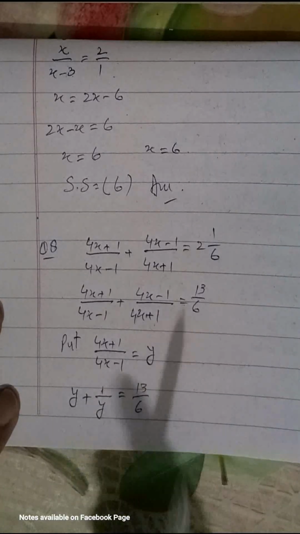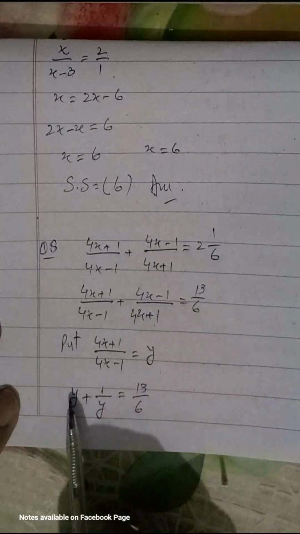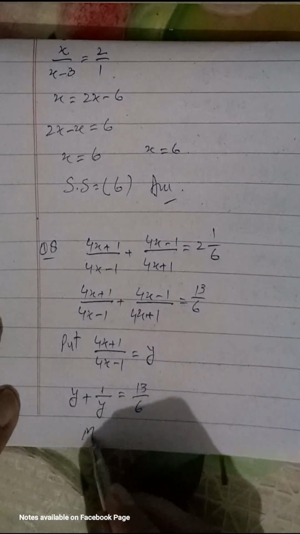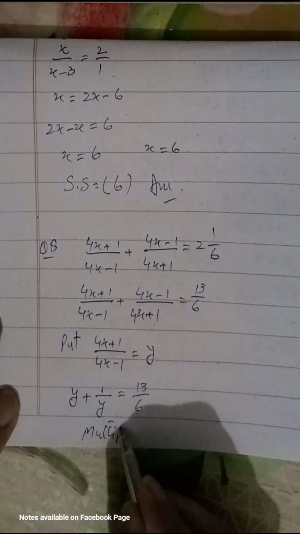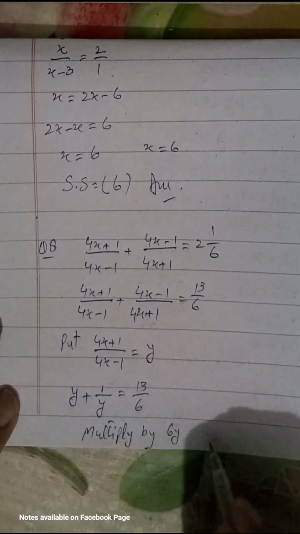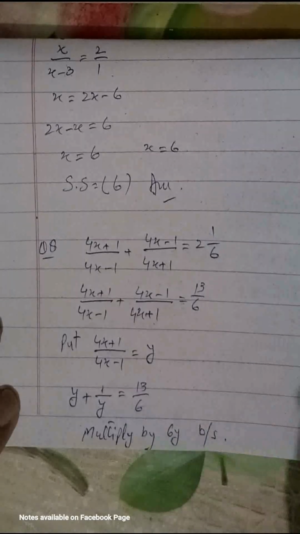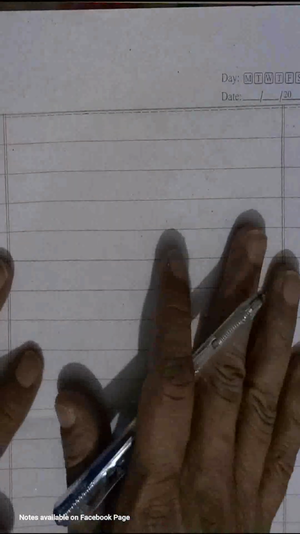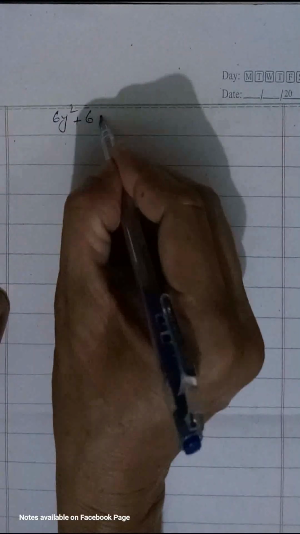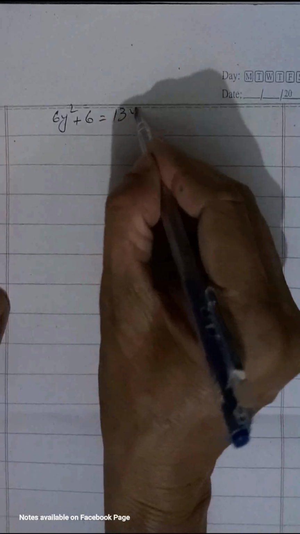Now convert into standard form, we multiply by 6y on both sides, we get 6y square plus 6 is equal to 13y.